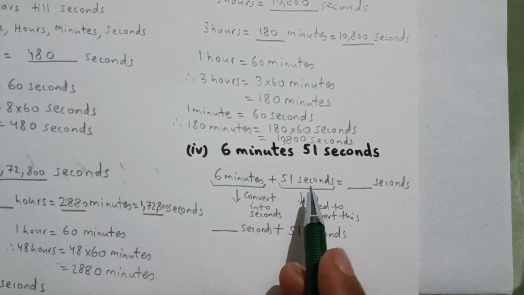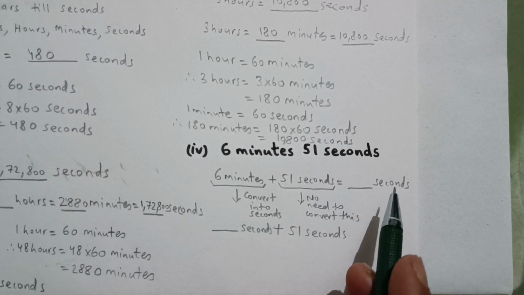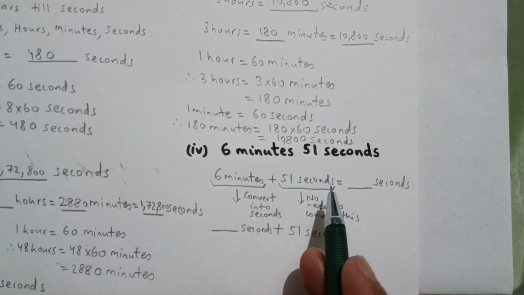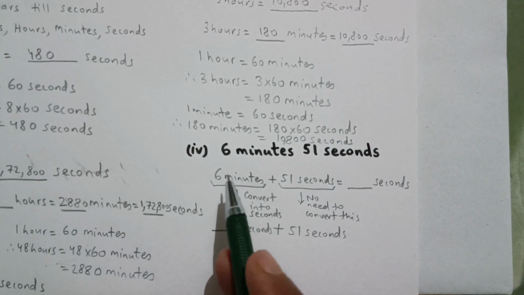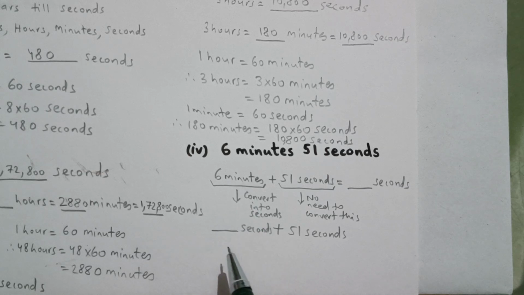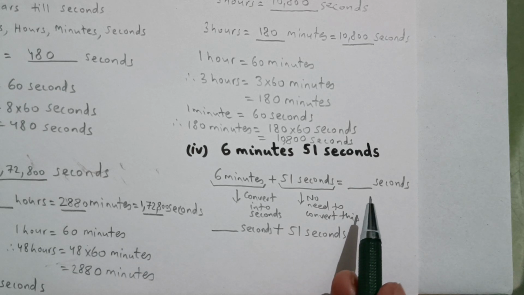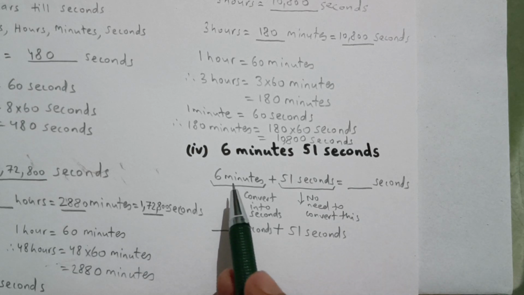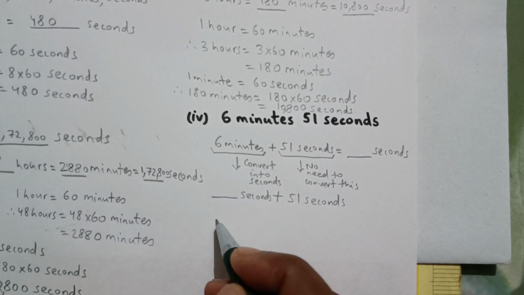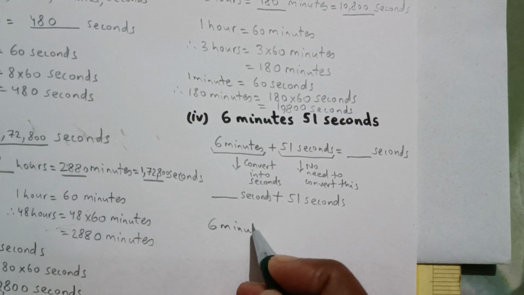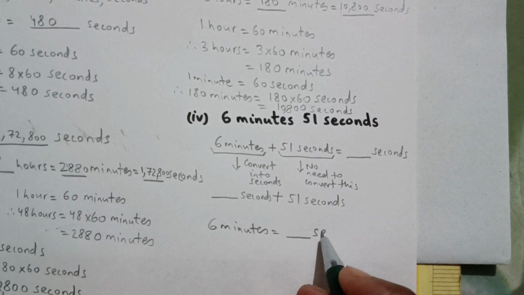The 51 seconds is already in seconds, so it stays as it is. But we have to convert this 6 minutes into seconds, and once we have done that, we will add both of them to get the total number of seconds.